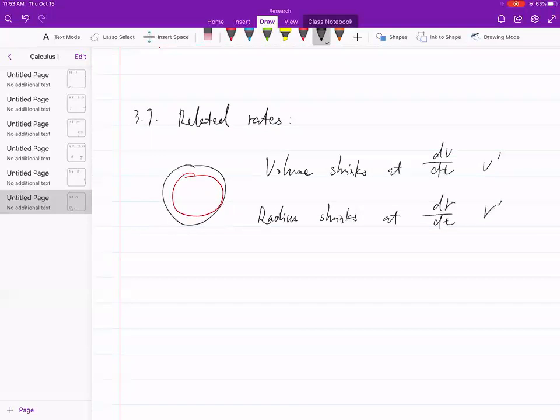Your surface area also shrinks, and your mass also shrinks. Sounds good? So one phenomenon corresponds to the changing rates of a lot of parameters. Now the question becomes, are these rates related? Say, if I know the changing rate of the volume right now, can I also calculate from that the changing rate of the radius?